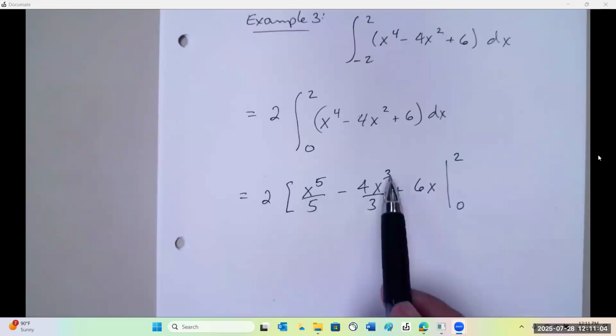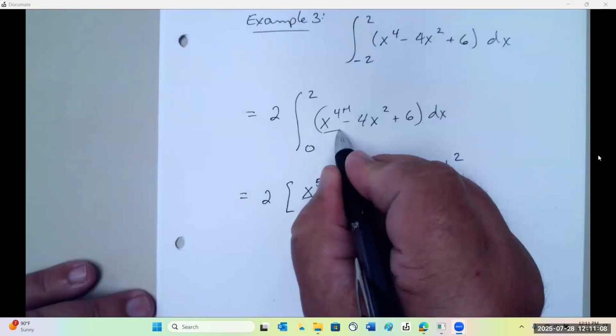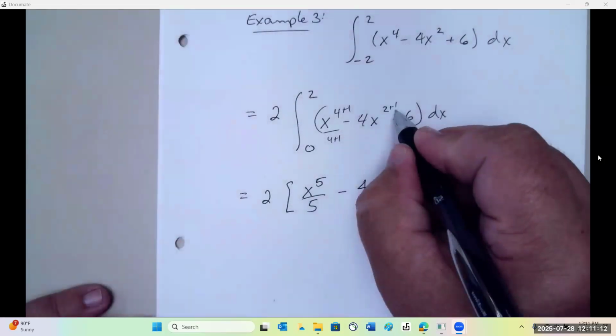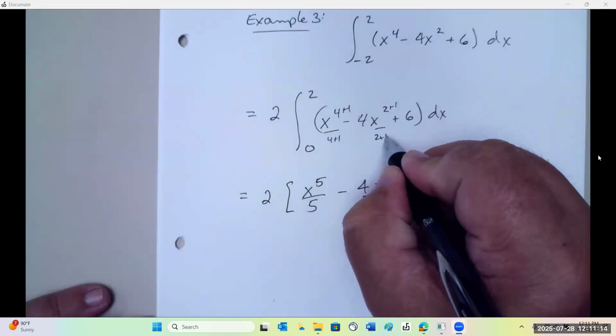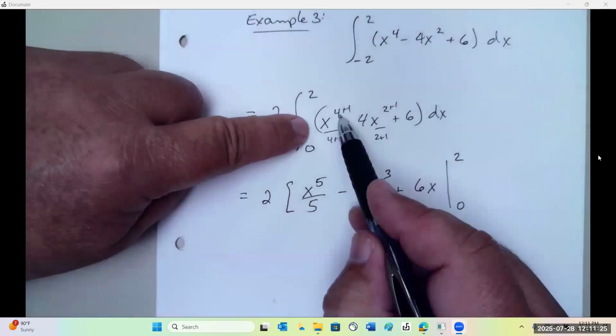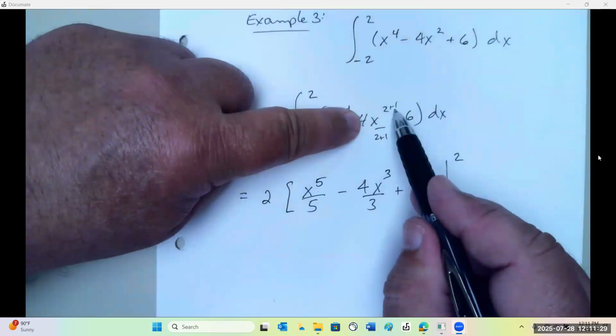Do you know where I got 5 and 3 and all these from? Because we add 1, and that defines our equation. So this is 4, so 4 plus 1 is 5 over 5. 2 plus 1 is 3 over 3.